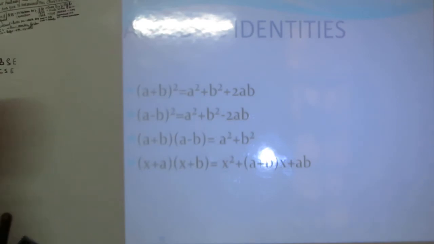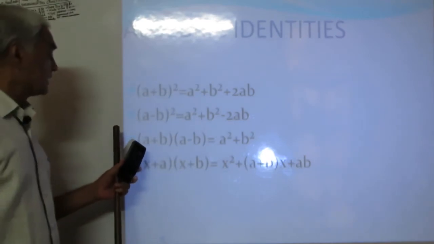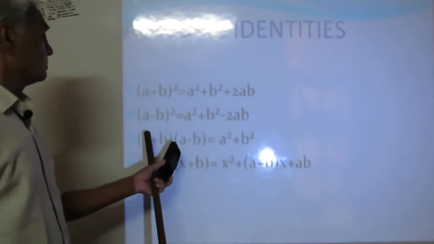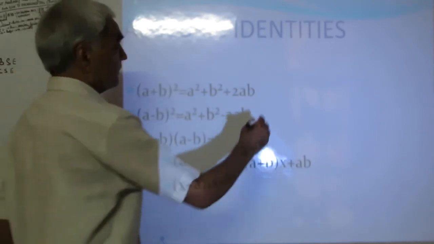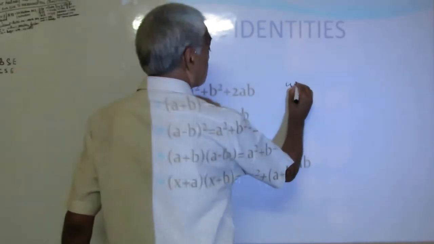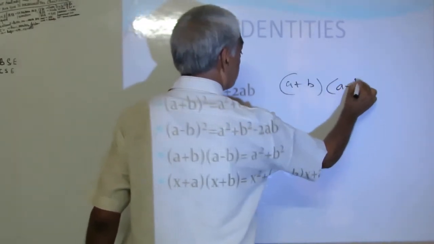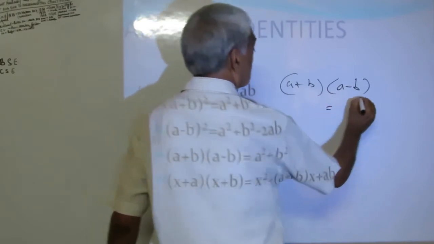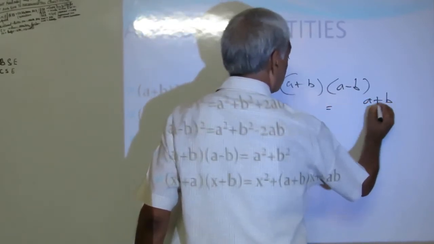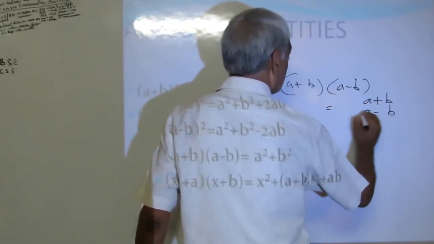Now come to this algebraic identity (a plus b) multiplied by (a minus b). A plus b multiplied by a minus b is equal to, here you put a plus b and multiply with a minus b.